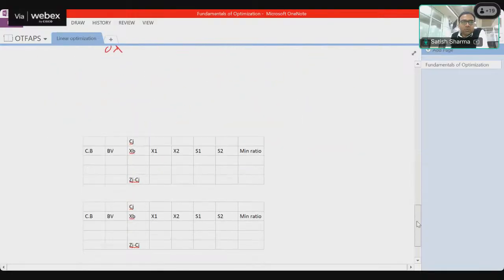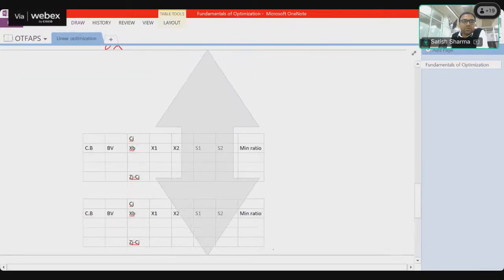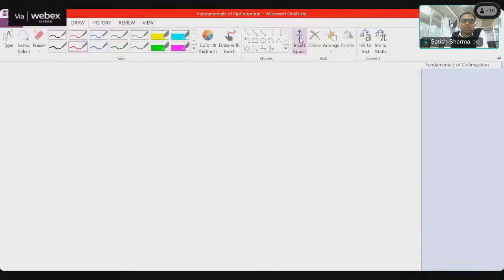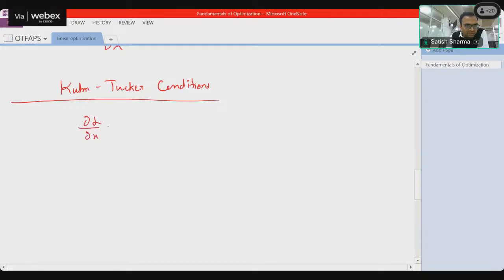To give the conditions for optimality, two scientists published a paper on their research and came up with the conditions of optimality, called the Kuhn-Tucker conditions. The Kuhn-Tucker conditions are that delta L upon delta x_i should be equal to 0 for all i equals 1 to n, where n is the number of variables.